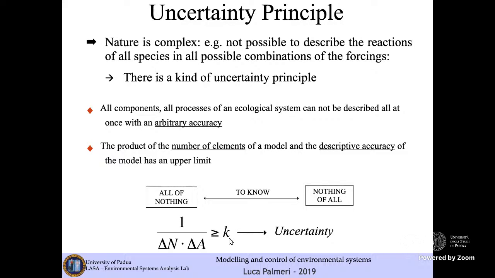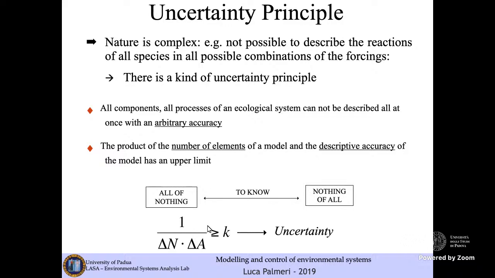It is exactly the parallel of when we said that the product of the uncertainty of position and momentum is always bigger than a small constant h. You may recall this is the uncertainty principle in quantum mechanics. There is an analogue in ecology.